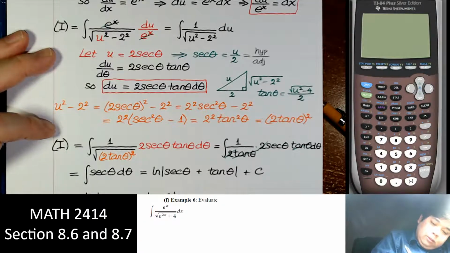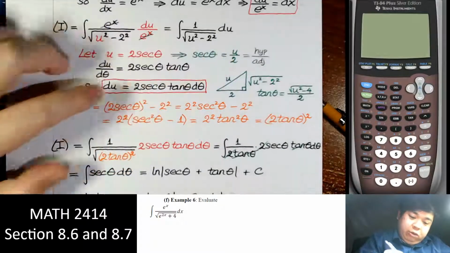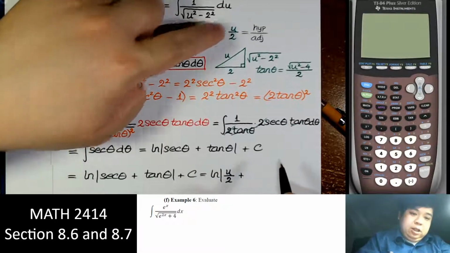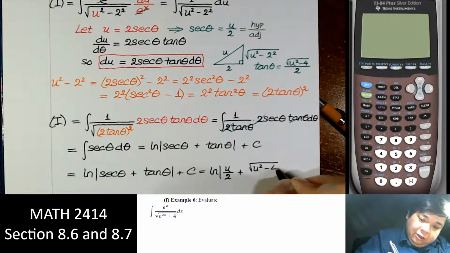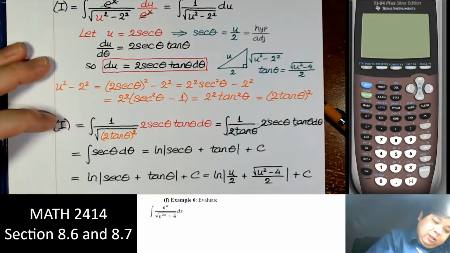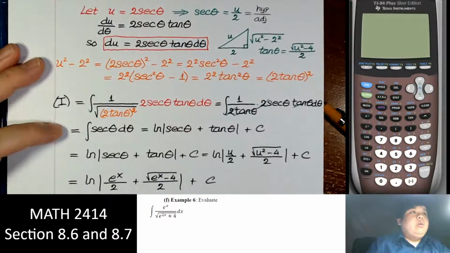Secant is u over 2, and tangent is this. And finally, u is e to the x. So that's what we have.